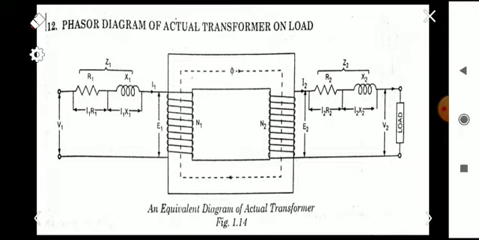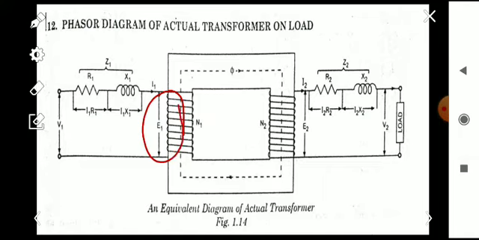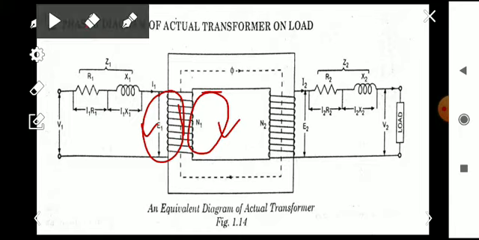secondary windings. We know that not all the flux generated in the primary will link all the secondary turns. There will be some leakage flux. Also, the flux generated in the primary itself will not link all the turns in the primary, that is this part of the flux.